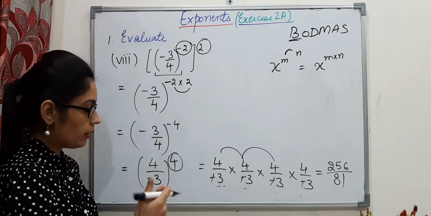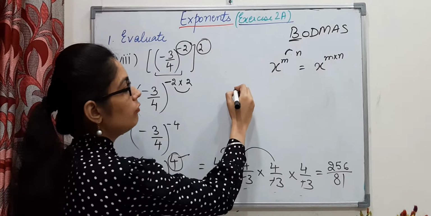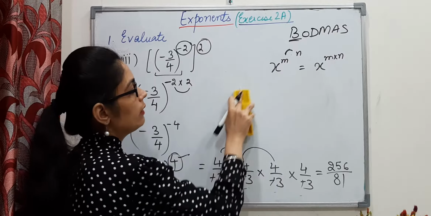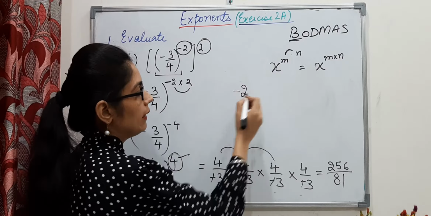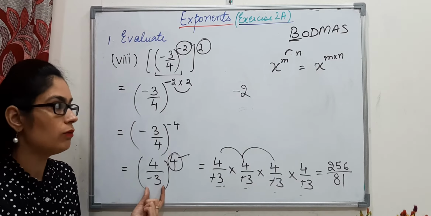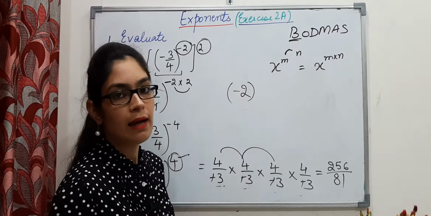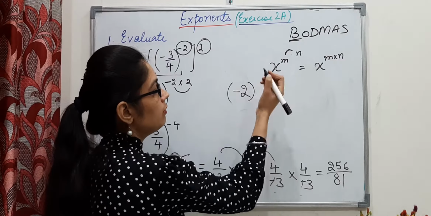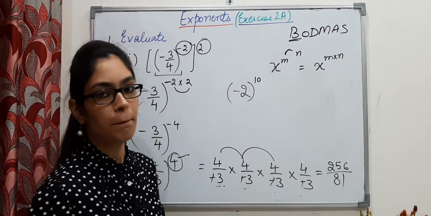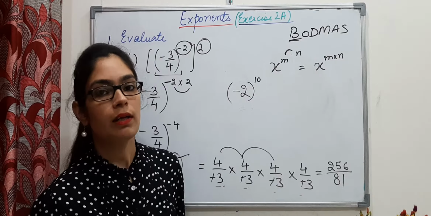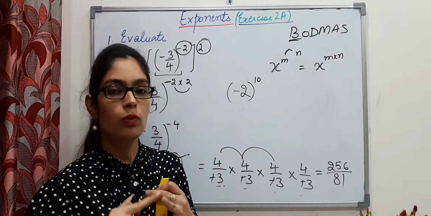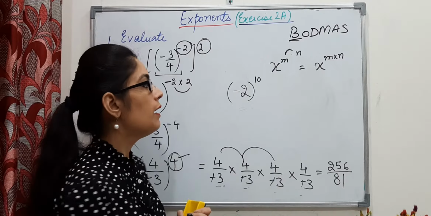Here is one thing you can understand. See, if I have any number, let us take minus 2, any negative number, because here a negative number was there. If any negative number has a positive even power, like 10, positive even number, see, all the numbers like 2, 4, 6, 8 are even numbers.